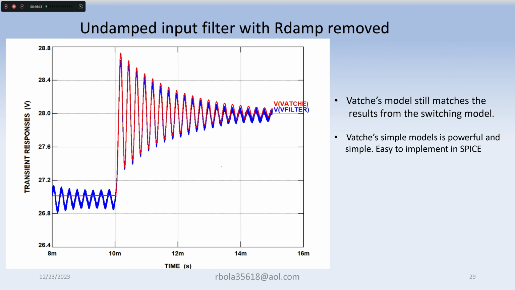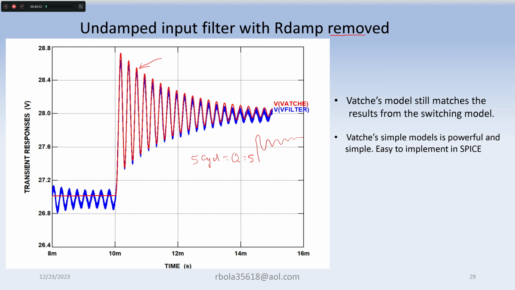Then I did a dirt simulation. I went ahead and removed R damp, and again you can see that you get pretty good results, and that it matches. It shows that you have quite a bit of ringing, and typically the number of ringings that you have tells you the Q. So if you have 5 cycles, let's say 1, 2, 3, 4, 5, then you have a Q of 5.